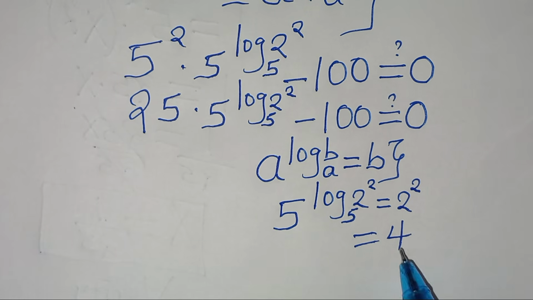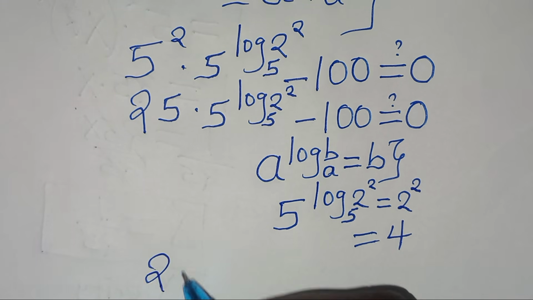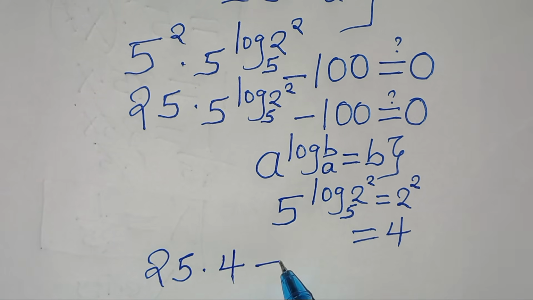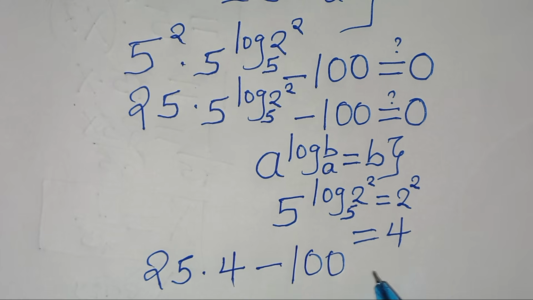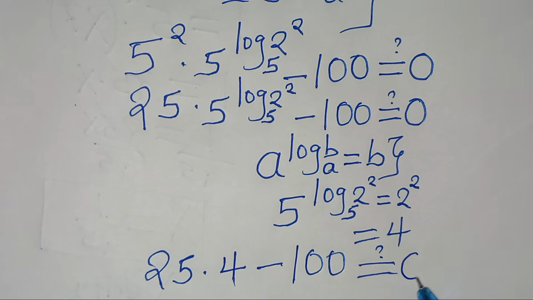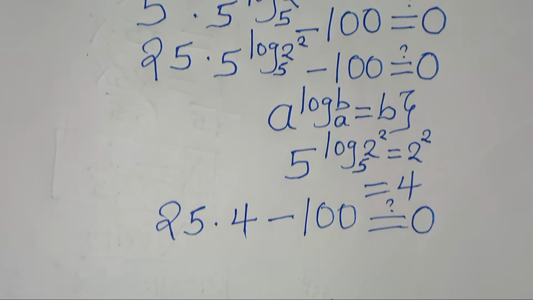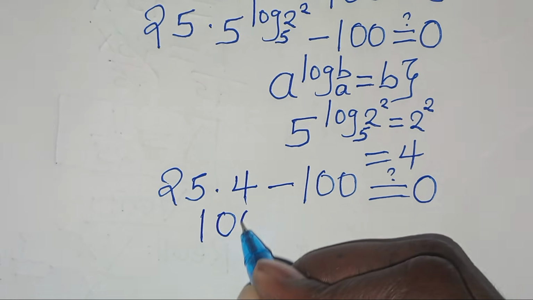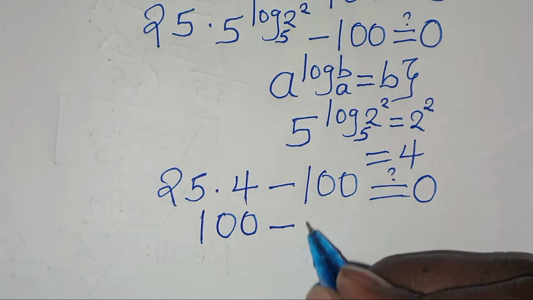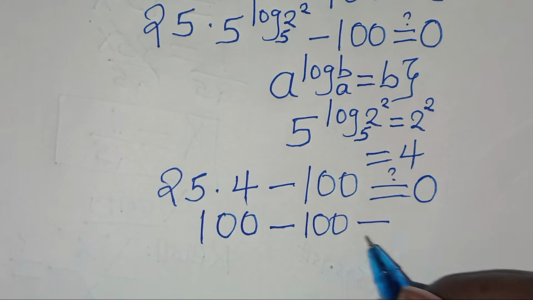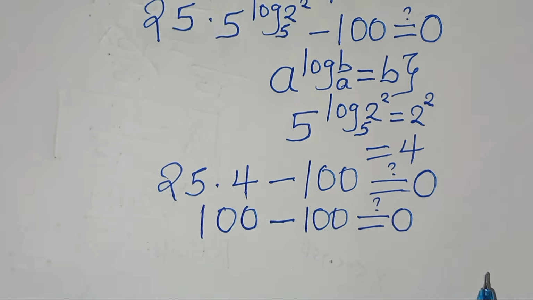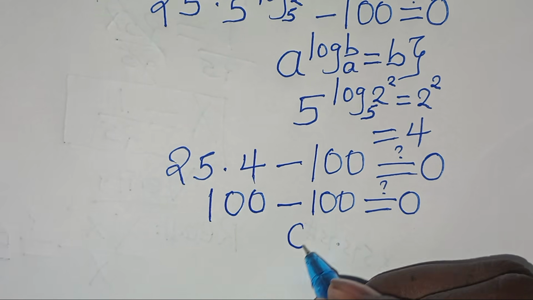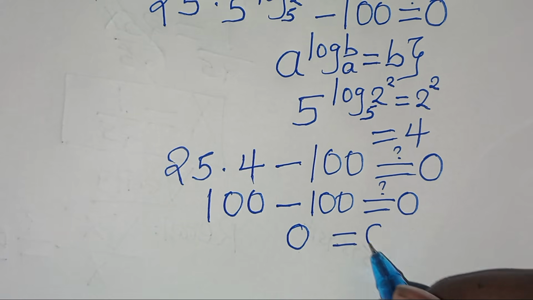Now, let's substitute this 4, so that we have 25 multiplied by 4, subtract 100. This should give us a value of 0. So we have that 25 times 4 is equal to 100, minus 100, and this is equal to 0.